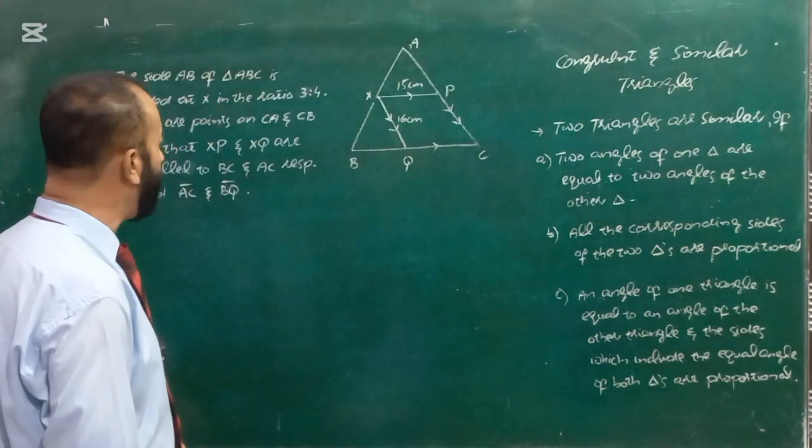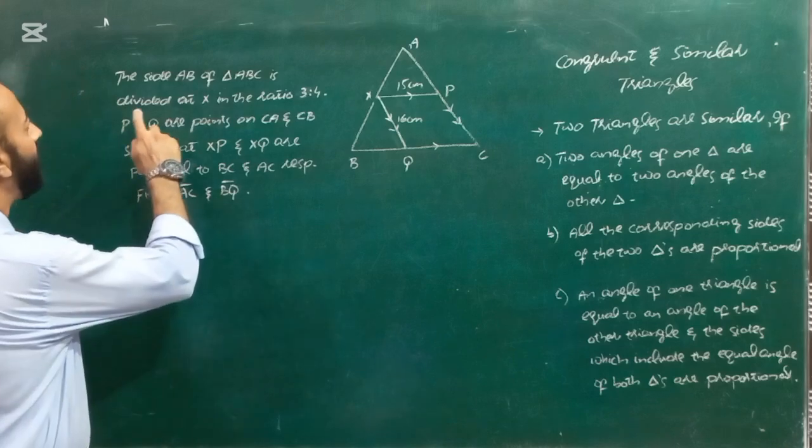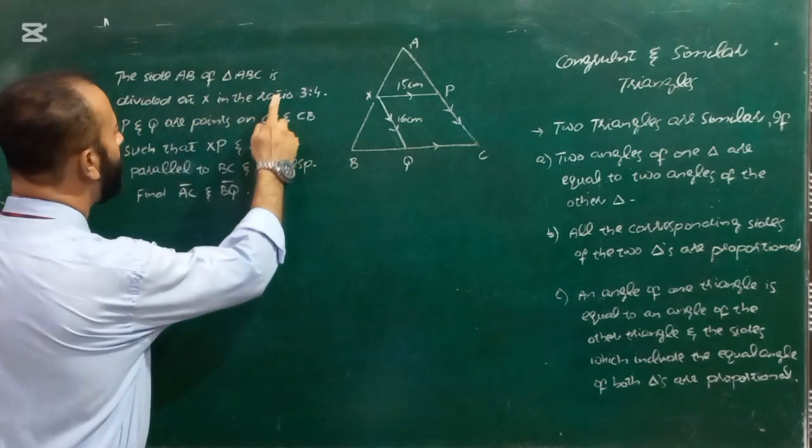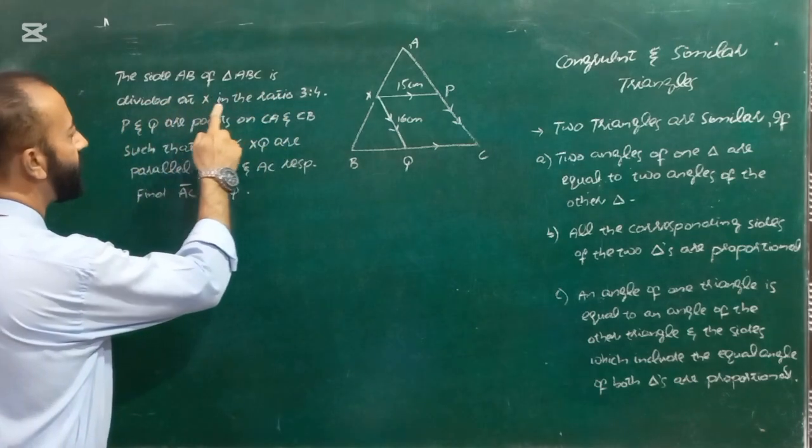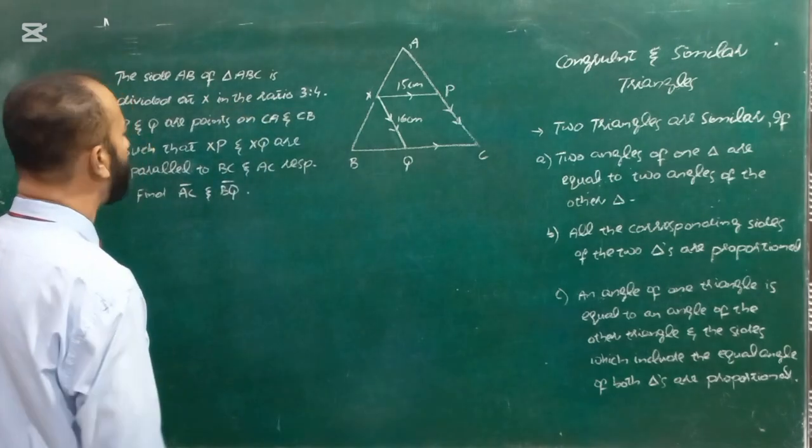Here is a very important question. The side AB of triangle ABC is divided at X in the ratio 3:4.